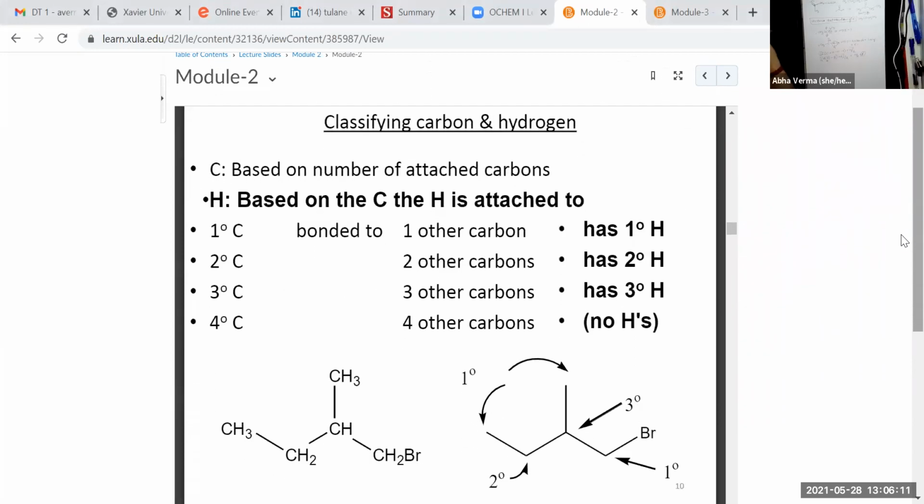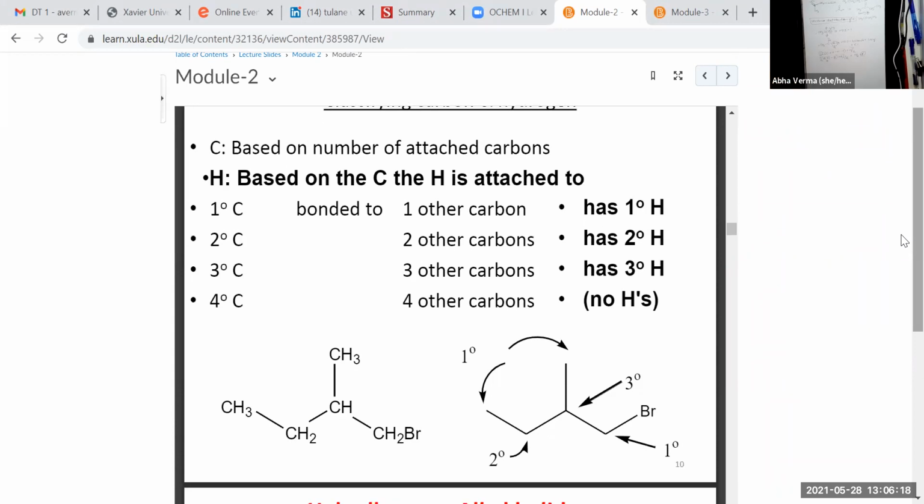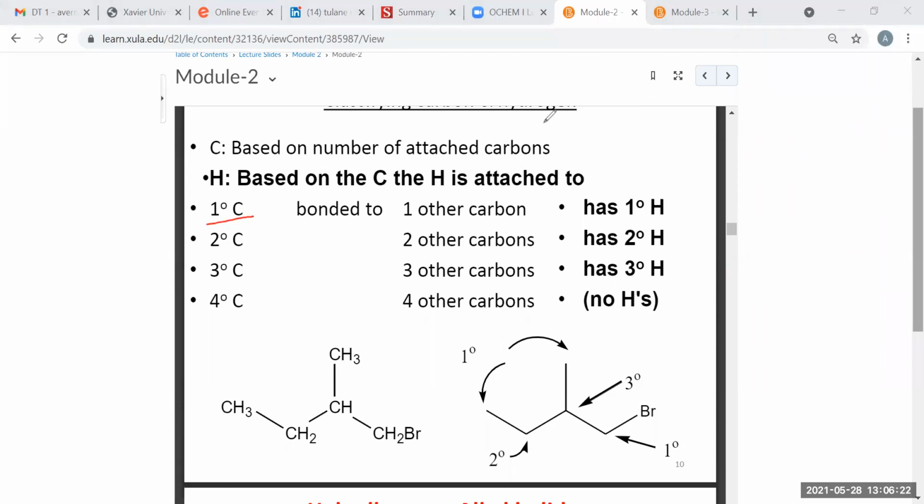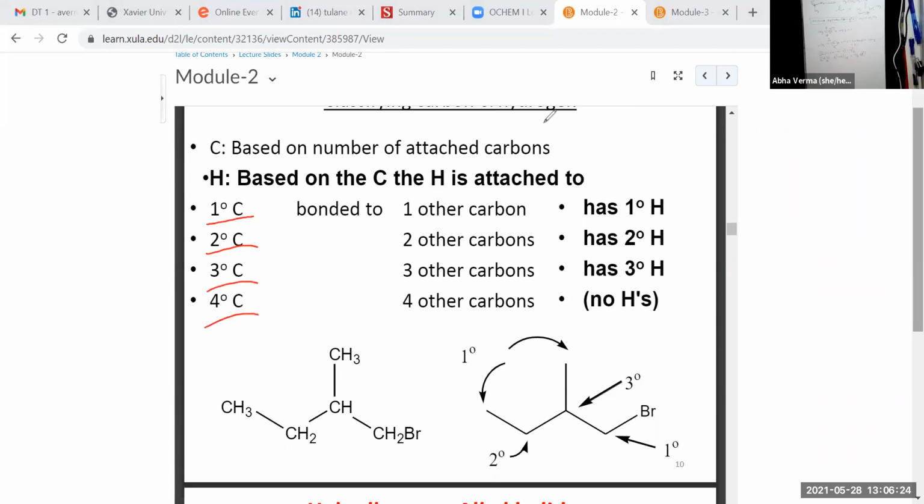Okay. So even though we don't consider alkanes as functional groups, we still have to classify them as primary, secondary, tertiary, and quaternary. What does that mean? So if you look at a general carbon structure, how many carbons do I have in this?